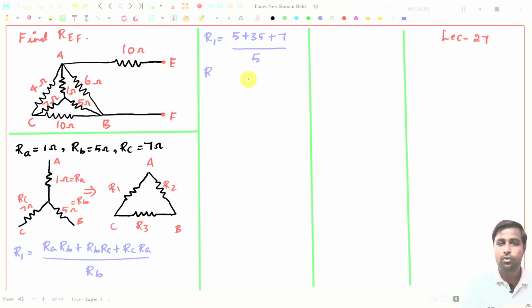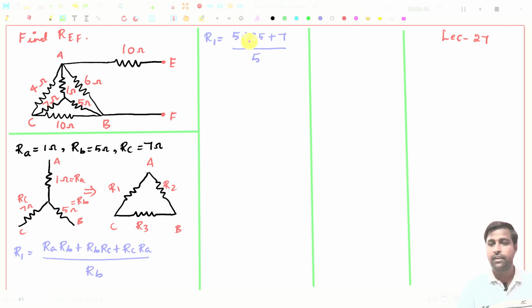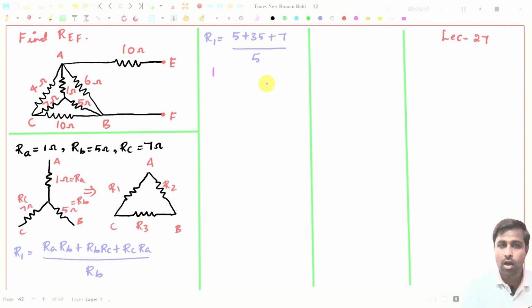So if you further simplify this, what will you get? 5 plus 35 plus 7 is 47, so we get 47 by 5. So R1 will be equal to 47 divided by 5, right?